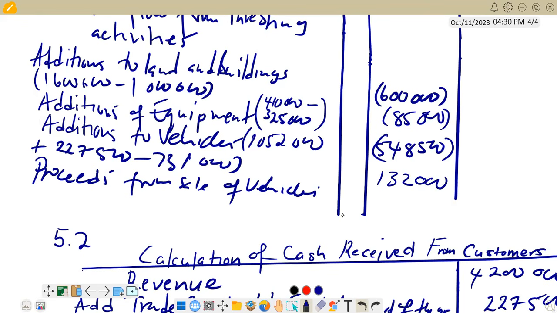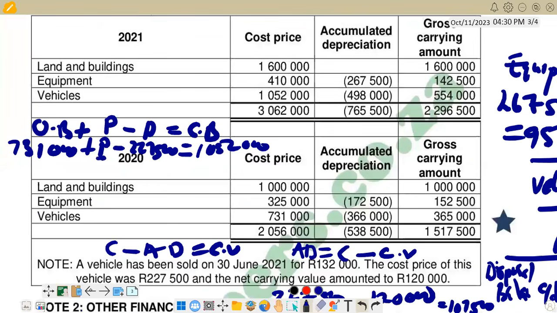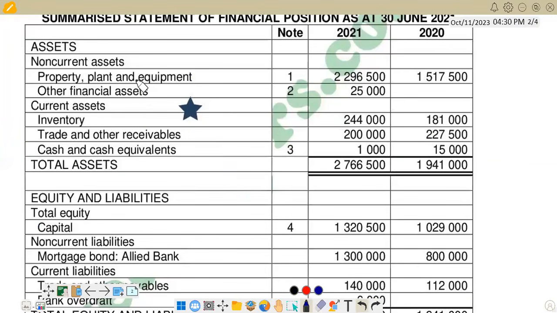Right. Then we also look at investment. There's an increase in investments. Remember, we've got a fixed deposit. So that fixed deposit represents an investment. So let's go and check what increase we have there. We go to the list of balances again in the question. This financial asset represents an investment.